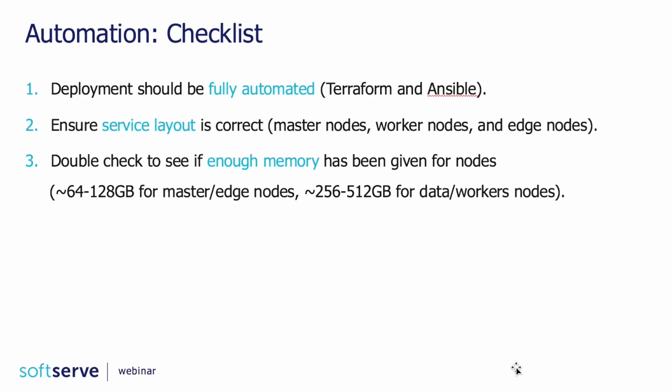And if you know the best practices for service layout, you will easily be able to troubleshoot these issues. And always double check that you have enough memory, because DevOps engineers and people who build infrastructure are sometimes greedy about allocating enough resources, while best practices for big data projects always recommend having a huge amount of RAM, right?